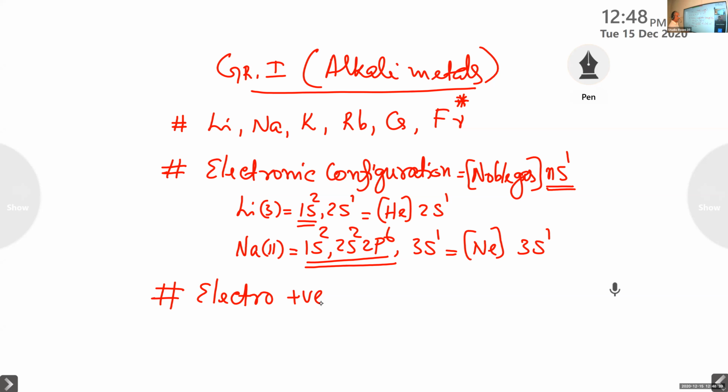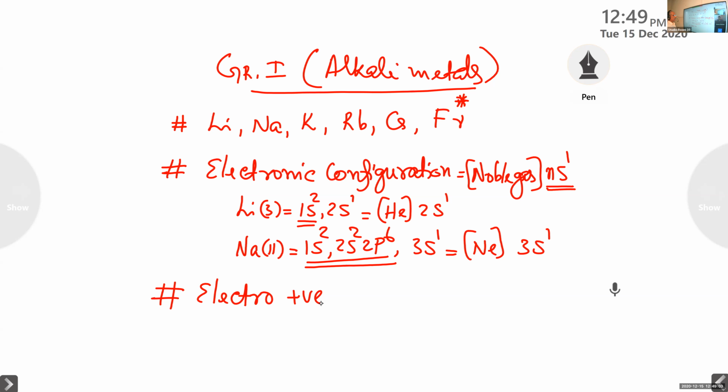That is the tendency of an atom to lose electron to form a cation, a positive ion. That tendency is called electropositivity or electropositive character or metallic character.